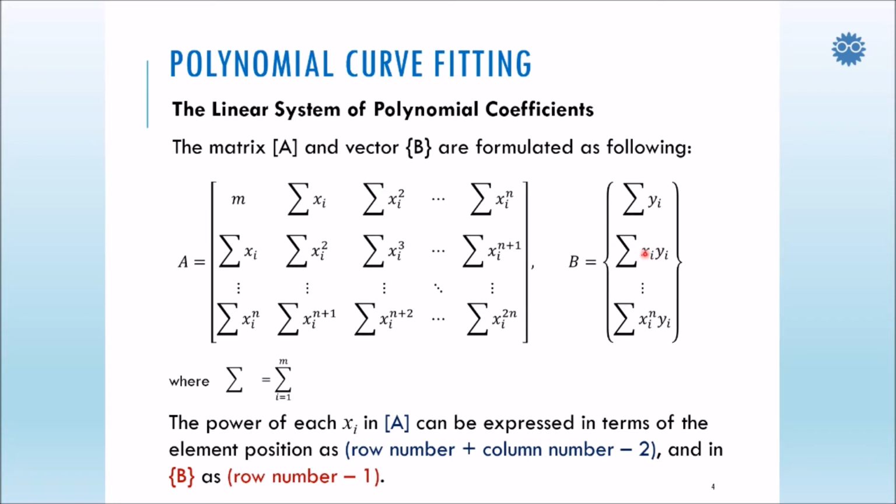So here x to the power 1, and so on. Here, for example, we have the row n plus 1. So x to the power n plus 1 minus 1, which is n. So this is generally the rule to determine the powers in terms of the row and column number.